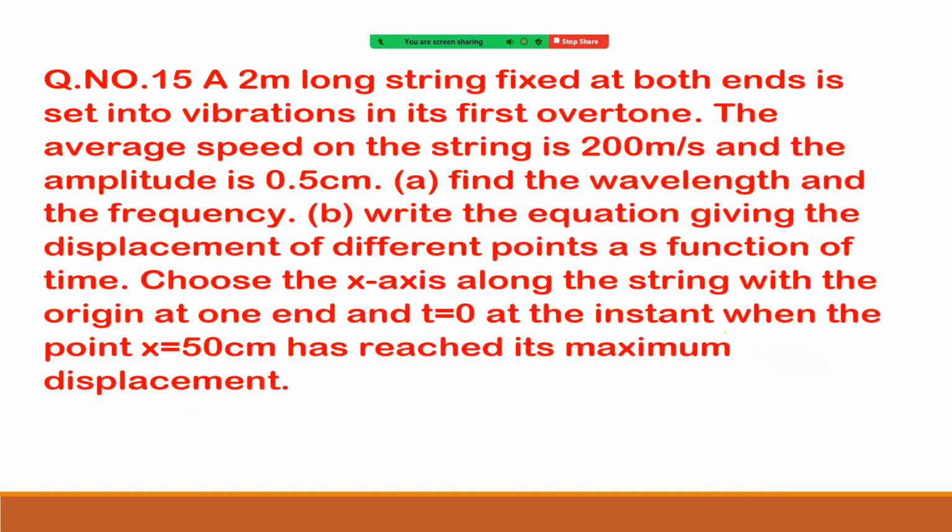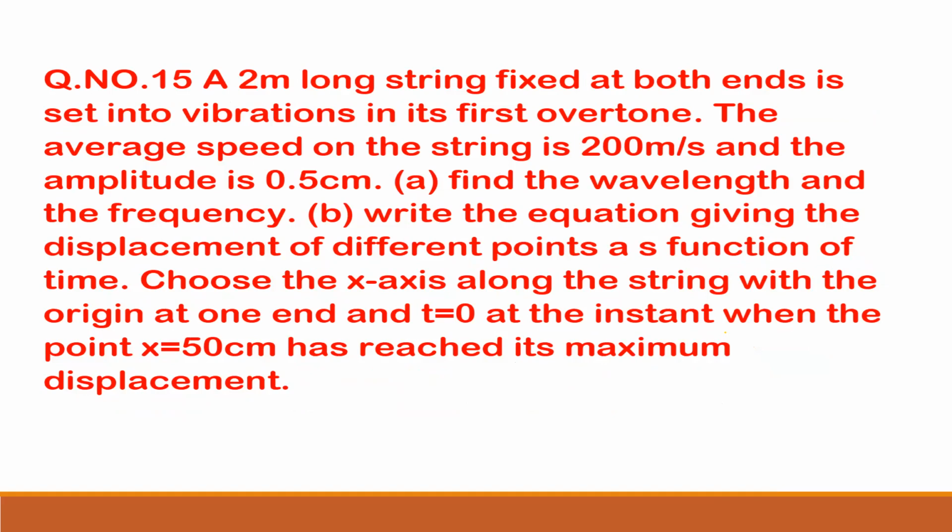Let's see the next one. A 2 meter long string fixed at both ends is set into vibrations in its first overtone. The wave speed on the string is 200 meter per second and the amplitude is 0.5 centimeter. Find the wavelength and frequency.